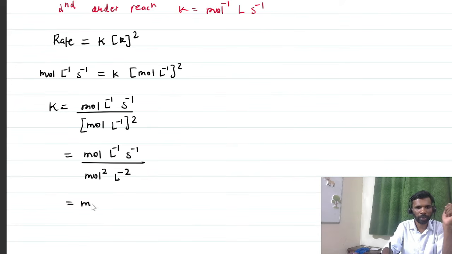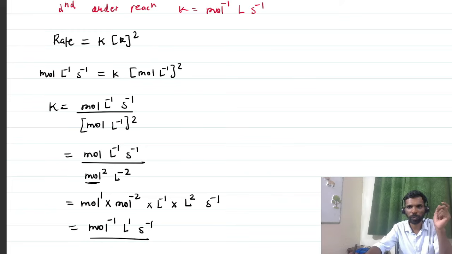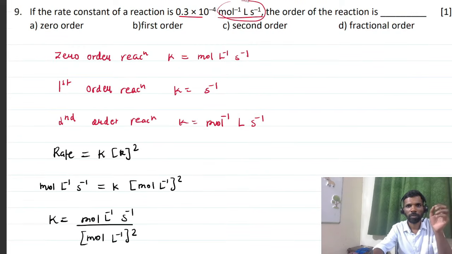So when you take that in the numerator, mole raised to 1 and mole raised to minus 2 becomes mole raised to minus 2, liter raised to minus 1 and liter raised to 2, and per second is there. So minus 1 plus 2, this is liter per second. Per mole liter per second is the unit of the rate constant for the second order reaction. So answer is option C.